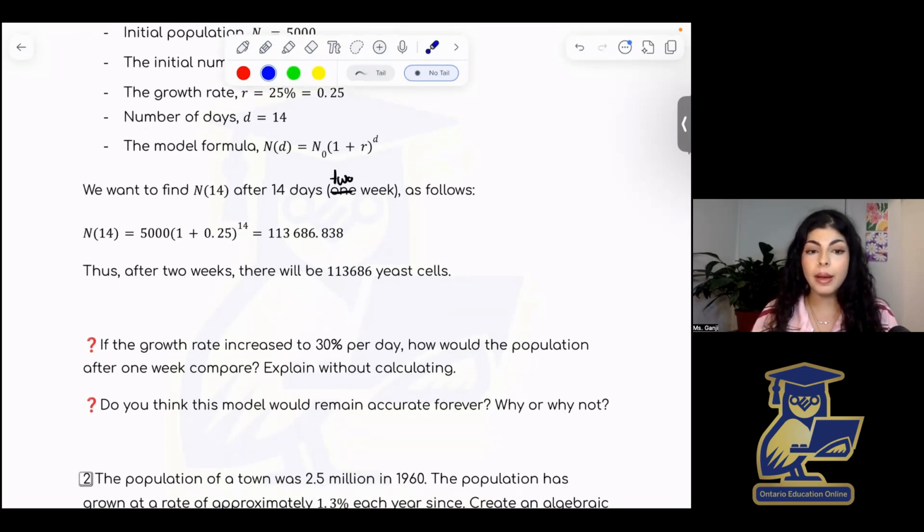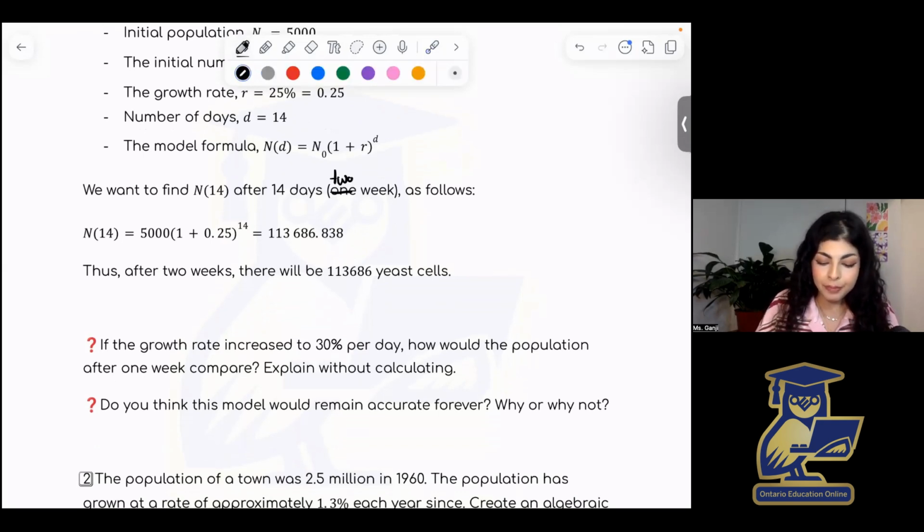And I hope you can see either through calculation or just using mathematical logic that if I have 5,000 times 1.3 in this case, because it's 30%, to the power of 7, then of course this is going to be greater than 5,000 times 1.25 to the power of 7.